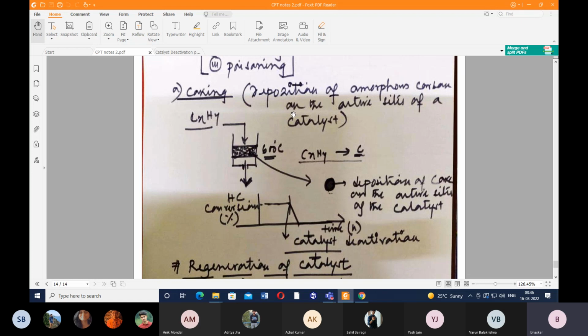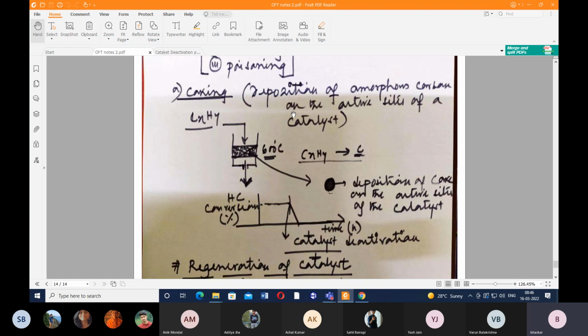Hydrogen is our major product that escapes from the surface, and we are collecting hydrogen at the bottom or at the outlet. And what happens to the carbon? This carbon gets deposited over the active surface sites of the catalyst particles. After a certain period of time, we'll have deposition of a carbon layer. As time progresses, the deposition layer thickness will also increase.